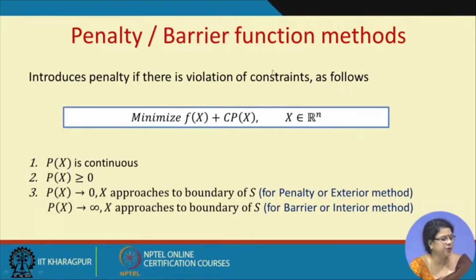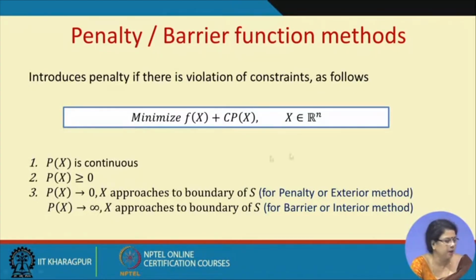Now there are certain properties of px. Px must be continuous, that is one property, and px must be positive, that is another property. Next, px tends to 0 as x approaches the boundary of S. This is for the exterior penalty function method, which is named the penalty method, and the interior penalty function method is named the barrier method.